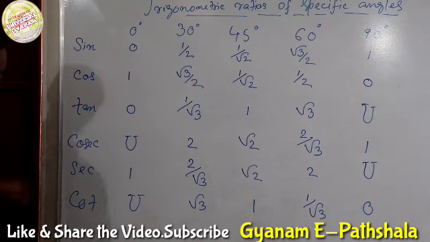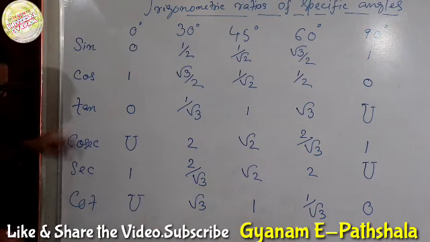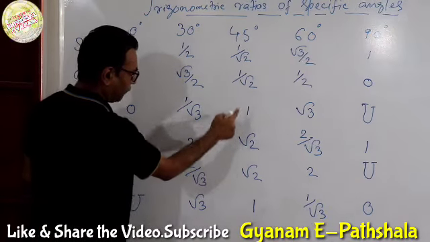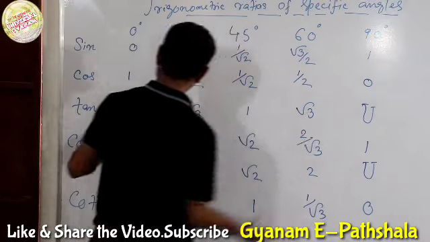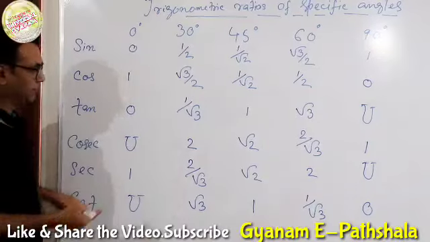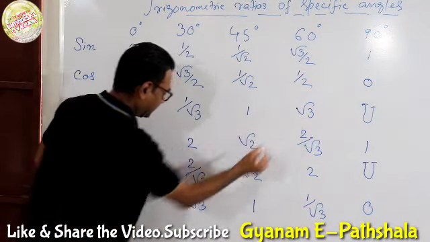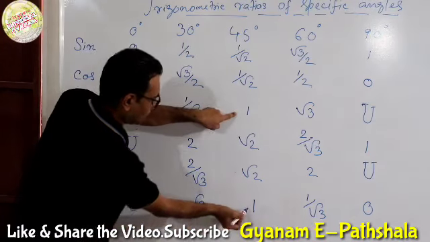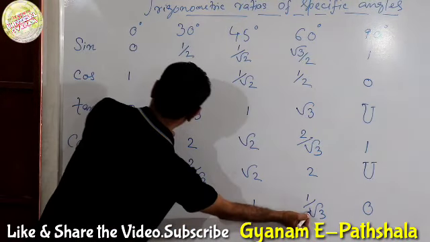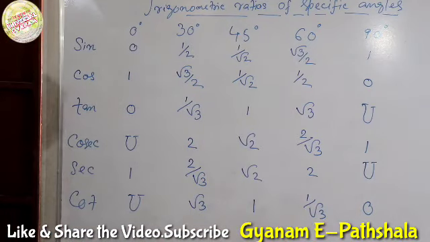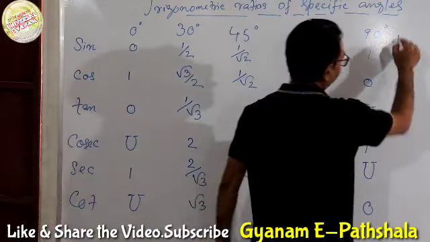Now you see the relation between tan and cot. If you remember tan: 0, 1 by root 3, 1, root 3, u. For cot, you have to reverse the sequence: u, root 3, 1, 1 by root 3, 0. That's the beauty of maths.